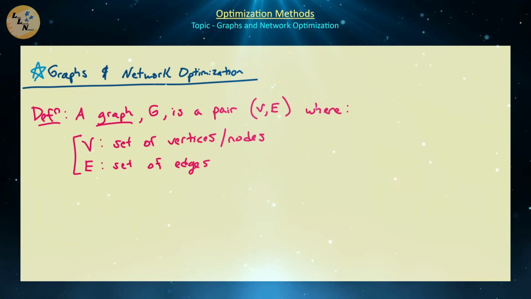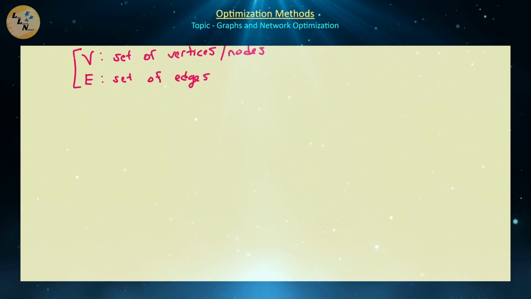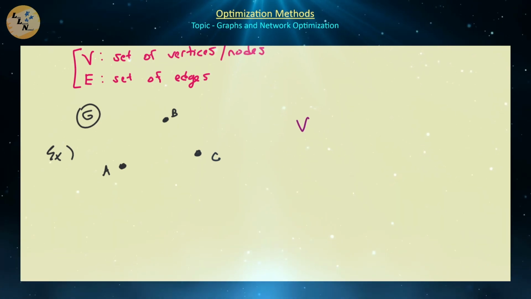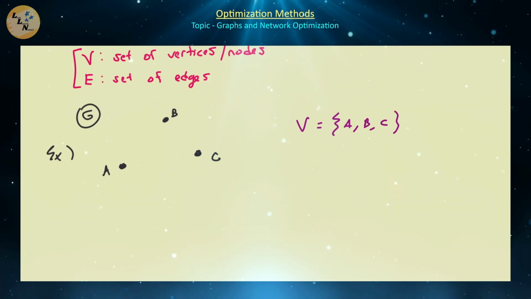If I draw a very simple graph, for example, we can consider these three vertices. Some people call them nodes, and let's name them A, B, and C. If I say this is my graph G, then my vertices consist of A, B, and C. So V is a set of locations, I guess you could say.